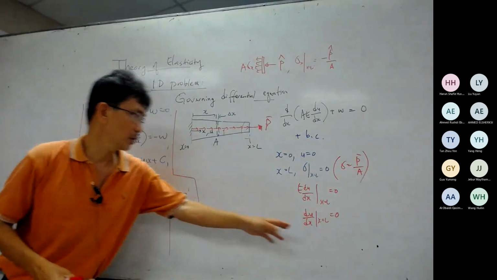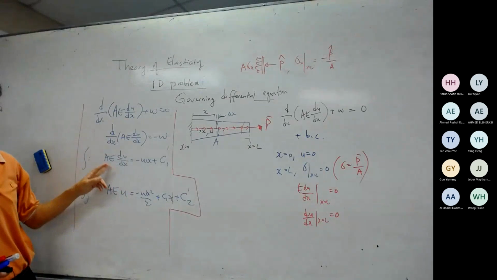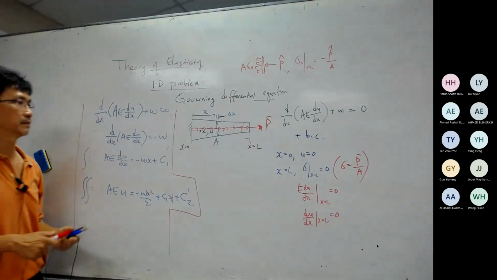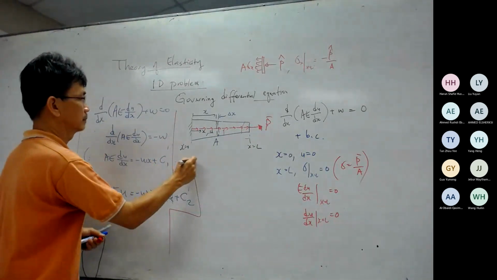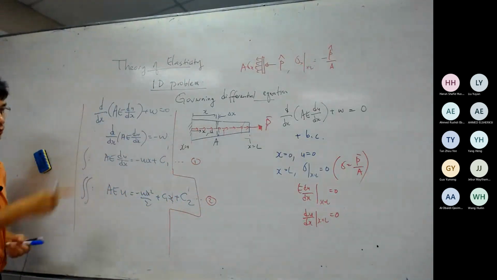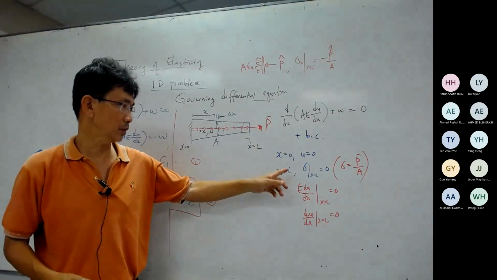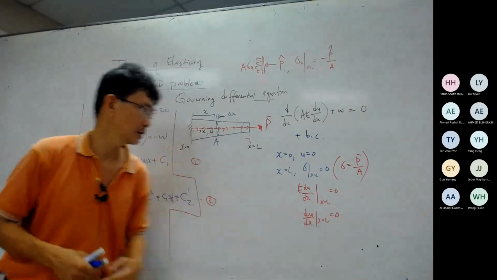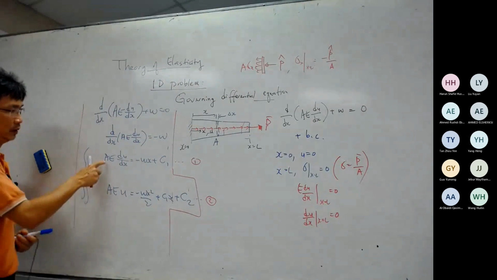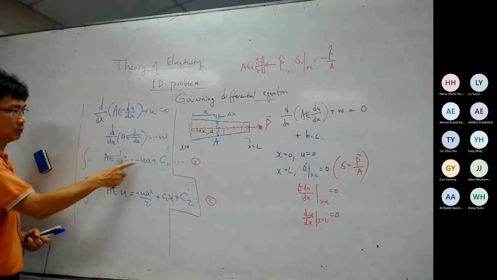So you look at the equations where you have this: du dx appears in this first equation here, and this is the second equation. Take note of this: when x is equal to L, this is equal to 0.